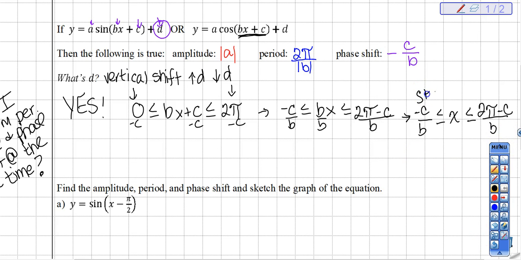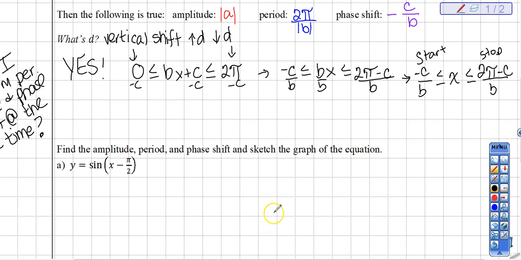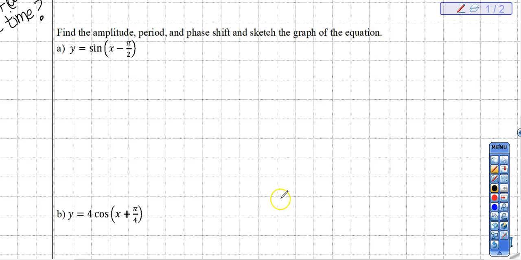And this would be our new start of the wave. This would be our new stop of the wave before we do another period of the same set of points. Okay? So that's something we'll talk about, we'll see how it feels for you. And again, if you don't want to do it, you don't have to. It's just an option.